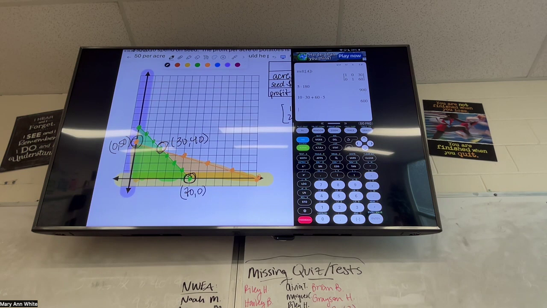Now I'm going to take those numbers I just found, plug them into my profit to see what solution, what idea is the best for us. So is it 0 things of potato and 50 things of corn?